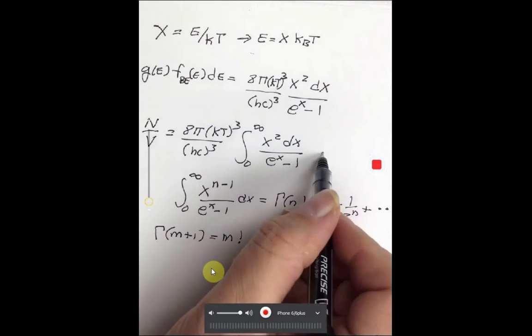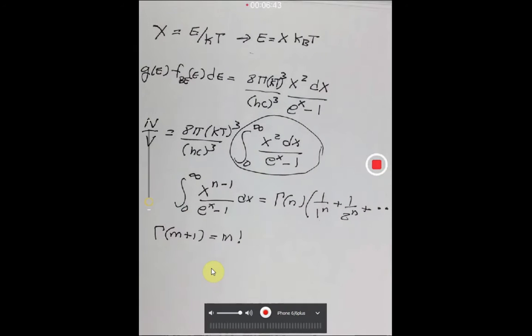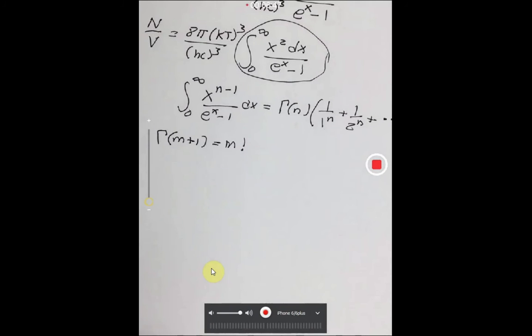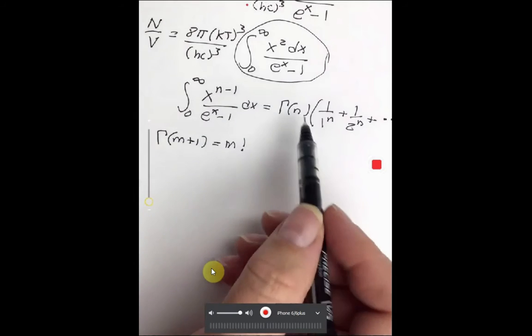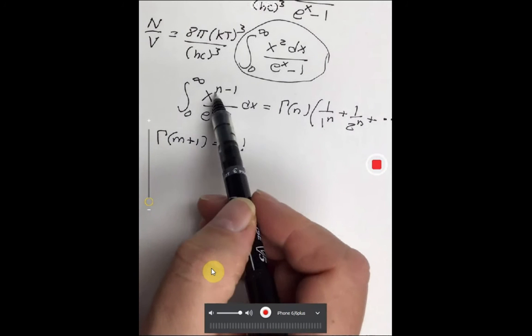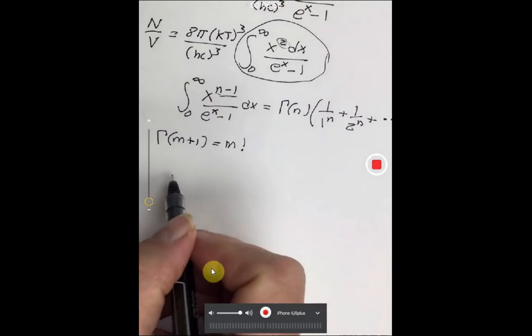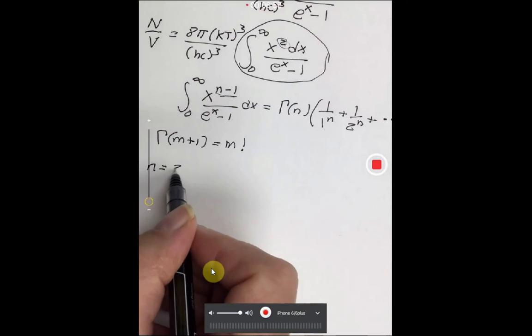Okay, so we go back up. Let's just look at this integral right there. Move this up a little bit. So my n minus 1 is 2. So that means my n is going to be equal to 3.